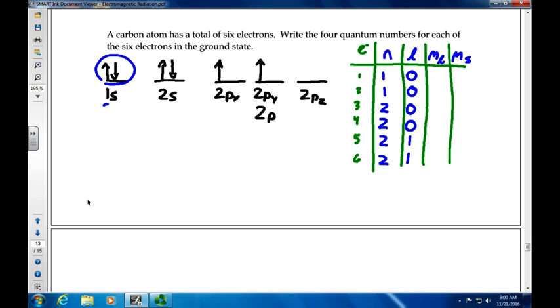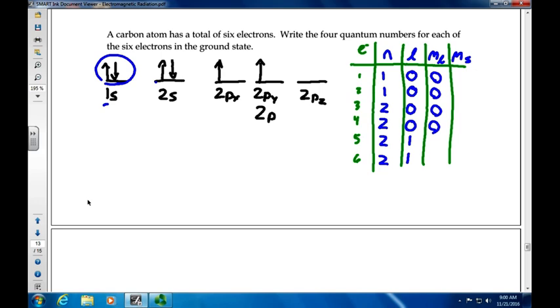Now let's look at our M sub L. We've got 1 M sub L here and 1 here, and these are both in an instance where they are considered 0. They have to be 0 because the angular momentum quantum number is 0. So the magnetic quantum number has to be 0 in those instances.